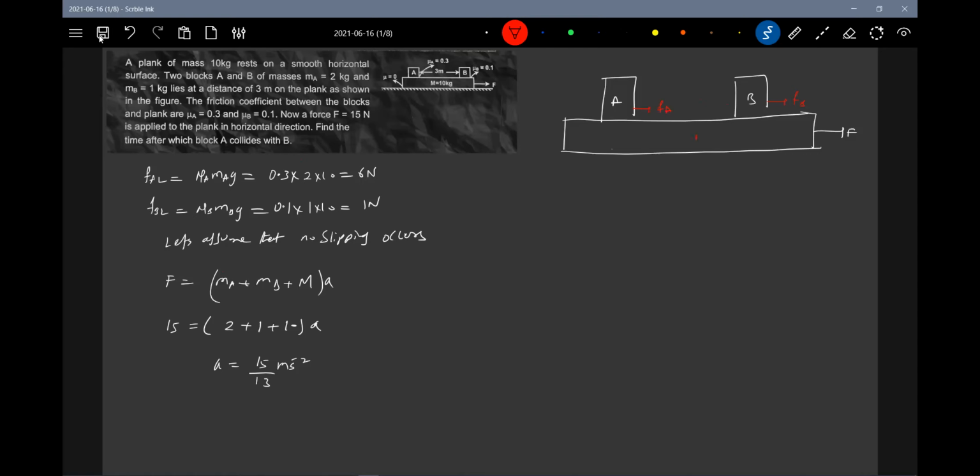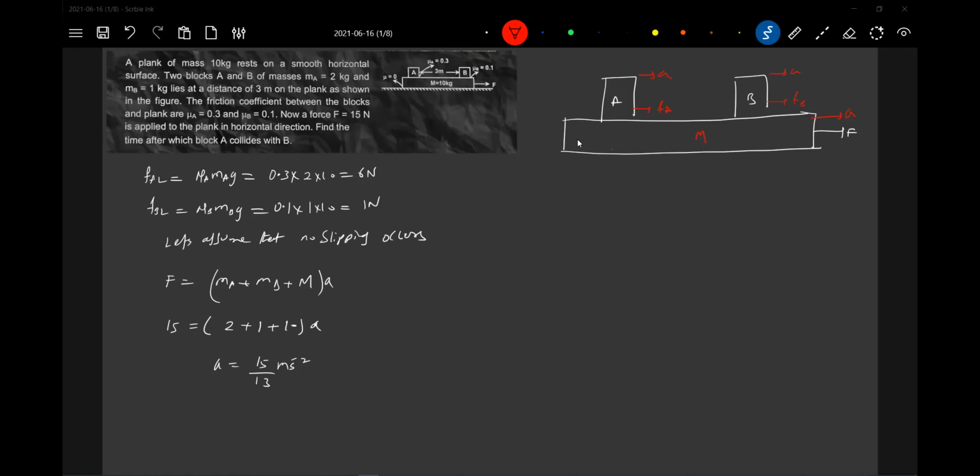As this plank is accelerating, the blocks should also have the same acceleration. Then who will accelerate the blocks? It should be friction only. Let me check whether slipping occurs between the plank and B.